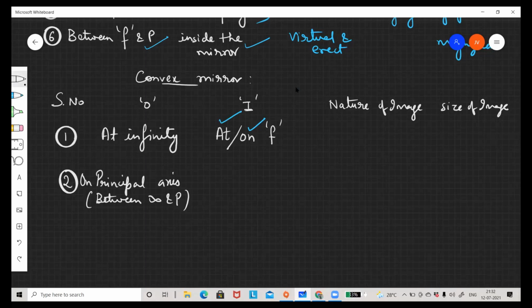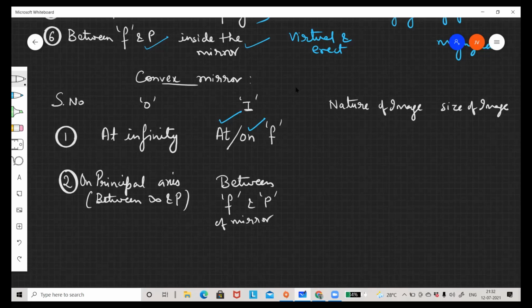Okay, right. So if the object is not at infinity, the image forms between principal focus and the pole of the mirror.